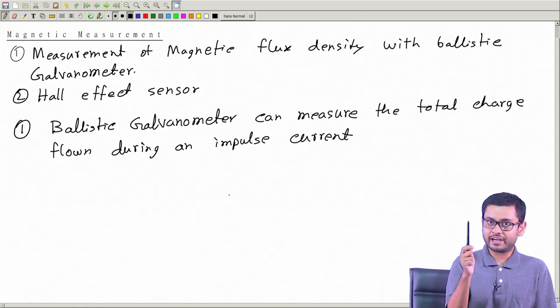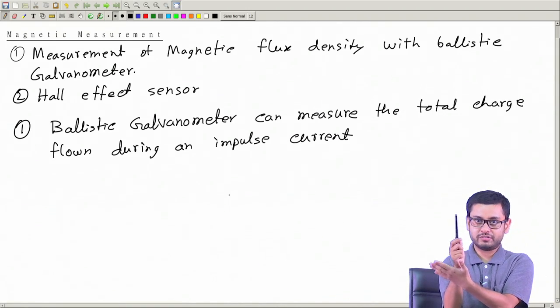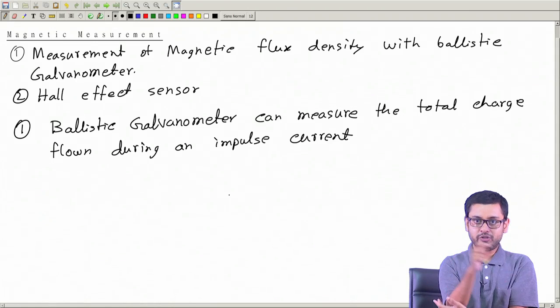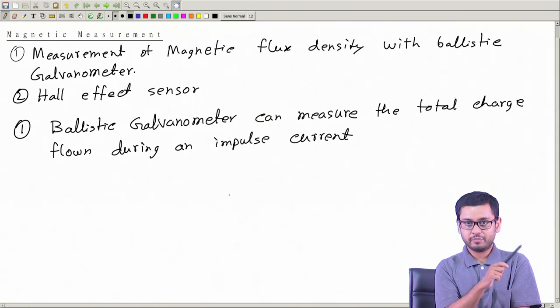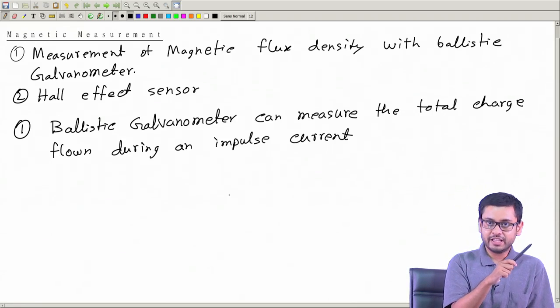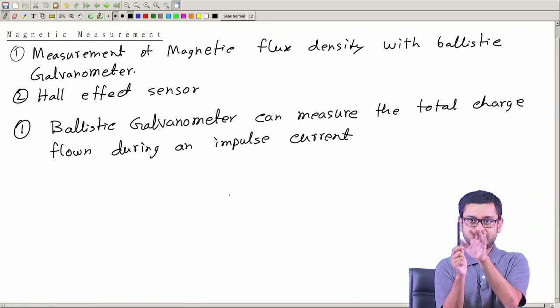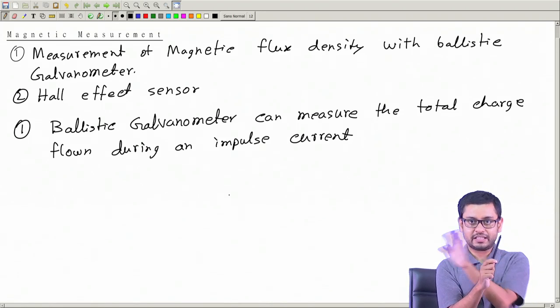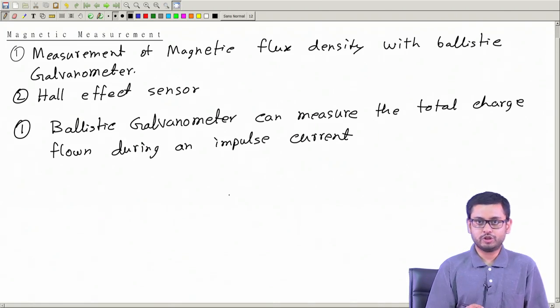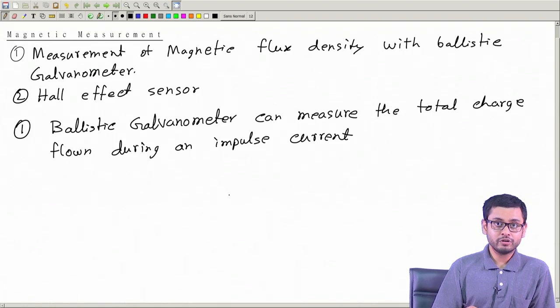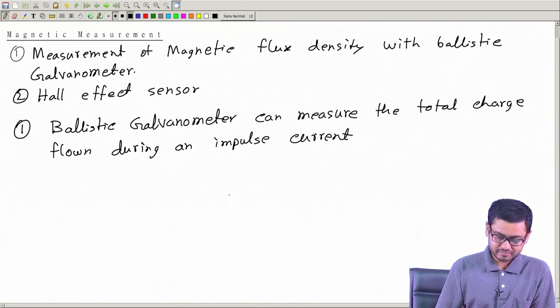The ballistic galvanometer does not have much friction, ideally no friction at all, and the amplitude of this oscillation is proportional to the charge flown within that small time. So, please revise that if you have forgotten.